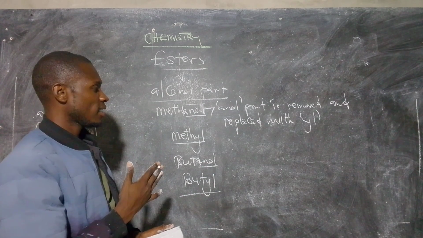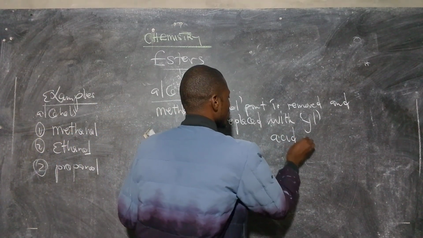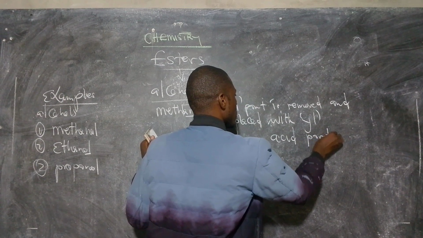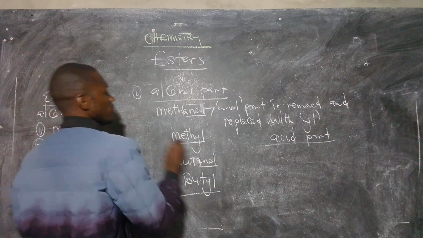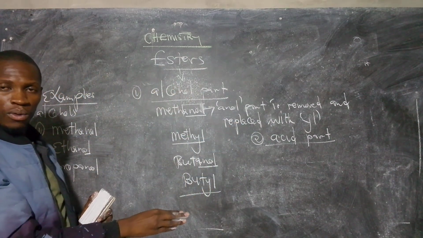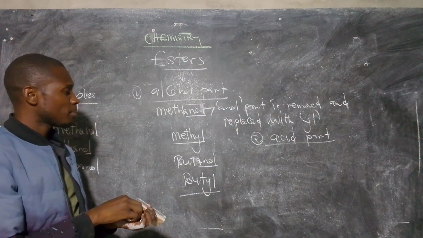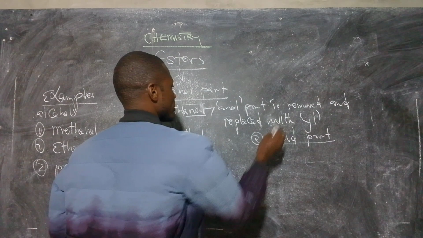If this is clear, let's talk about the acid part. So the rules on alcohol, they are done. The next part, we'll talk about the rules under acid.